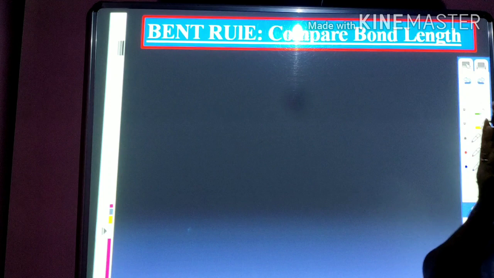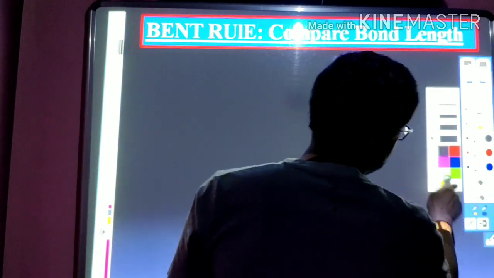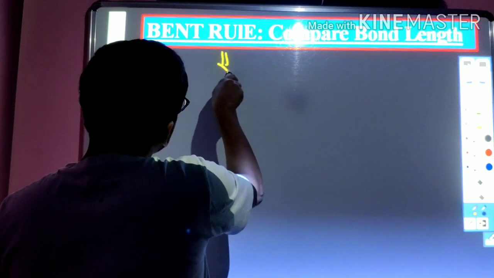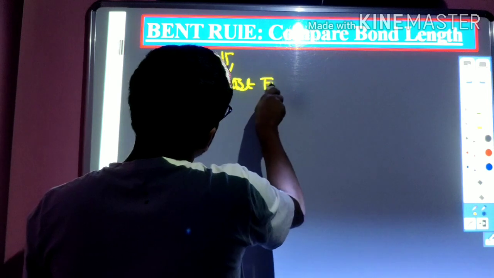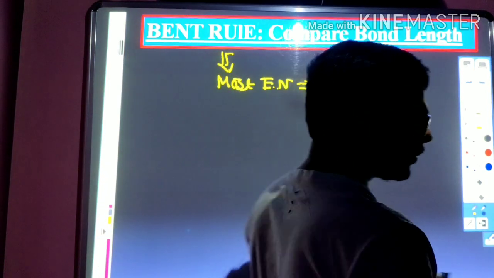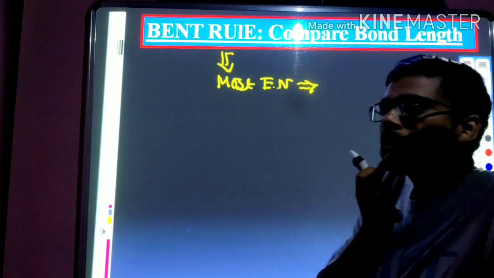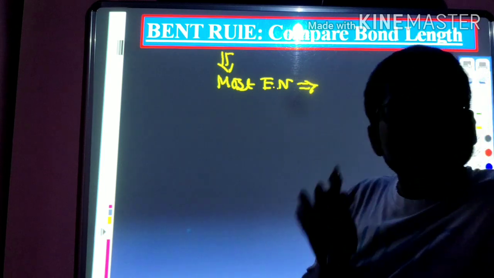Okay, so first, for Bent's rule, I will write it again. Bent's rule says that the most electronegative element prefers to stay in an orbital where the percentage of s character is less.